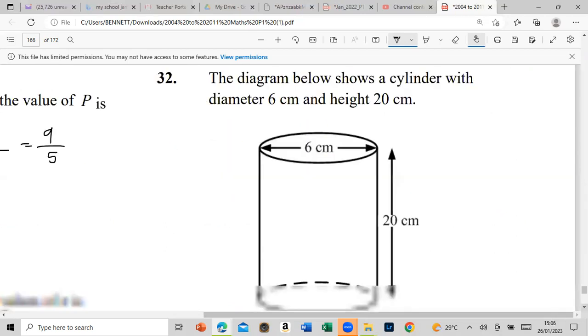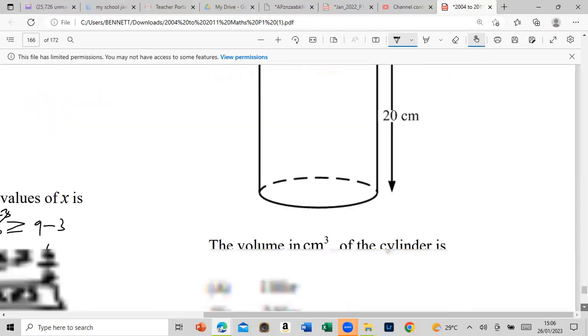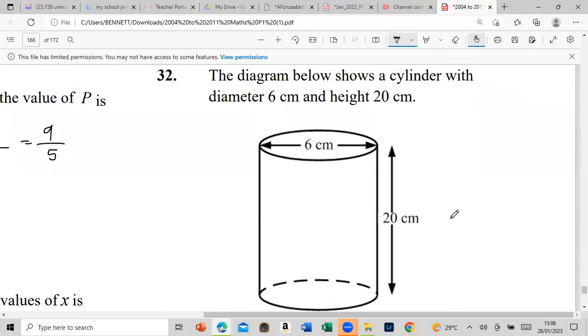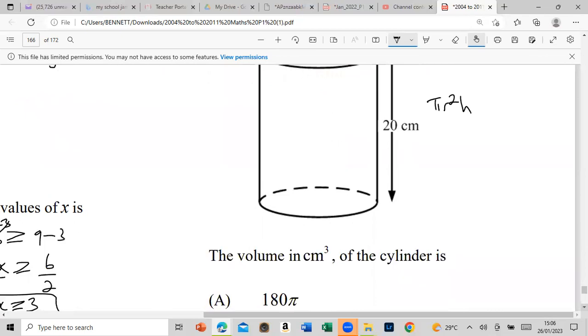The diagram shows a cylinder with diameter 6 cm and height 20 cm. The volume of the cylinder: the diameter is 6, so the radius is 3, so it's pi r squared h. Let me give it in terms of pi.